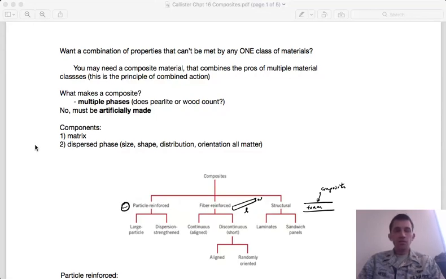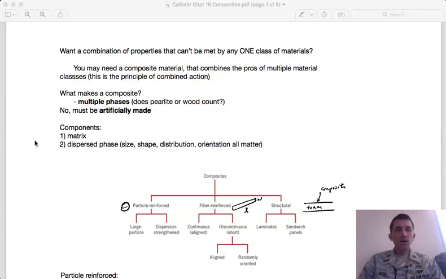But composite materials came about because, as we've seen, looking at classes of materials individually, they have strengths and weaknesses.